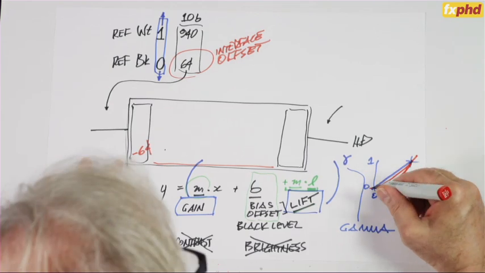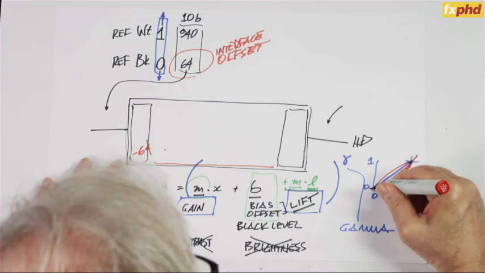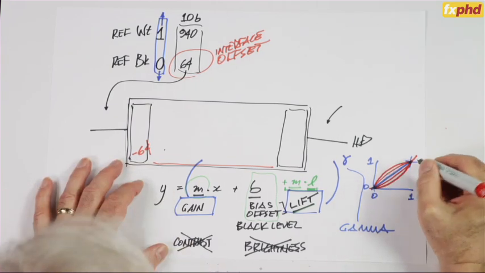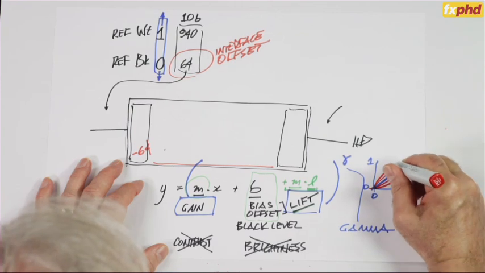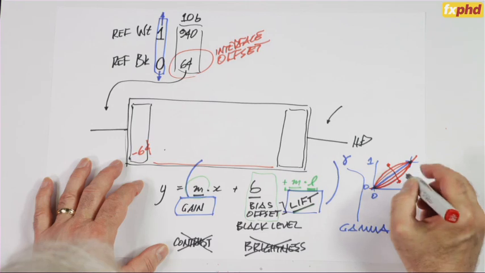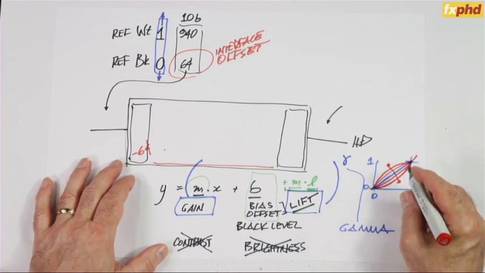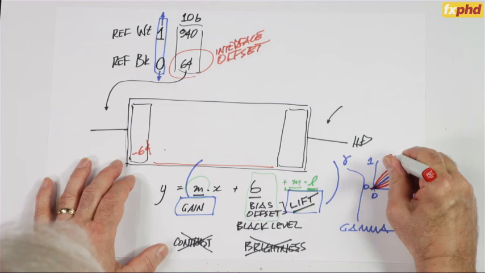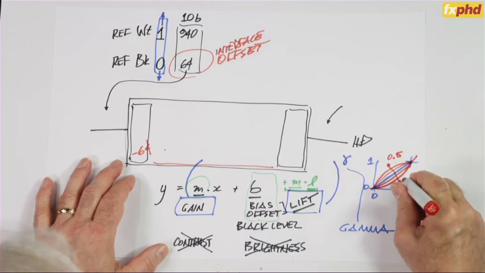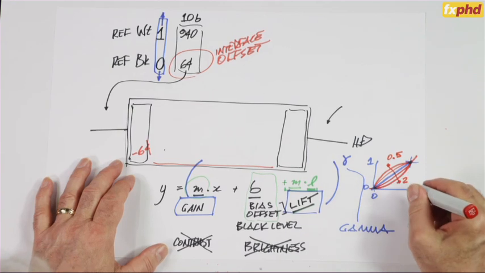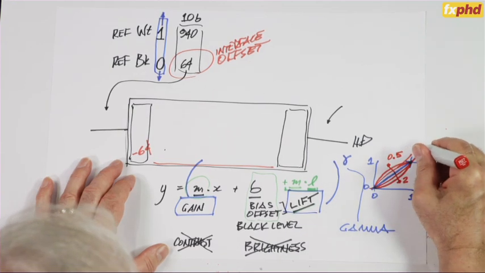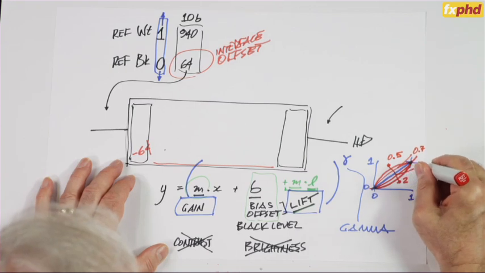Or you can raise the midtones a little bit or raise the midtones a lot. So this adjustment, that's the gamma. In the way I've drawn this little sketch, very roughly, this would be about a square root, and this would be about a square. This is maybe a 0.7, and that's maybe a 1.4.